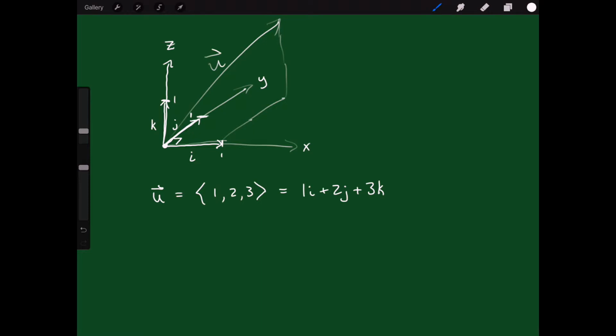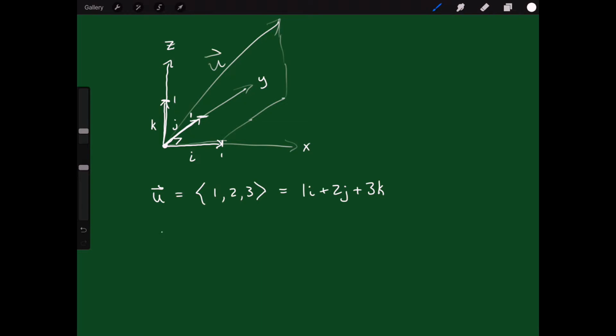Okay, so that gives you another way of writing a vector in component form using i's, j's, and k's. But this is helpful when we're calculating cross products, because we know that when we cross two things, we get something that is a normal or orthogonal vector, and we know that we're using the right-hand rule. So let me write a few things down for us.